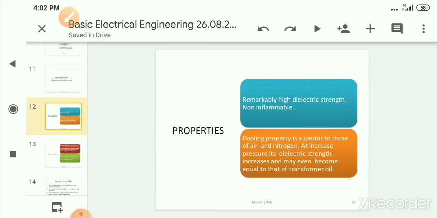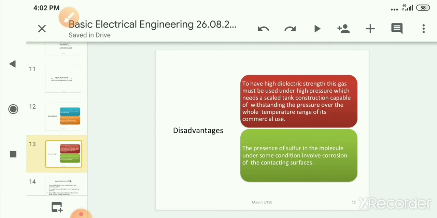Dielectric strength is more, non-inflammable, non-toxic, thermal conductivity is also high, superior cooling properties compared with air and nitrogen, and it is very chemically stable. It is non-corrosive. Those are the positive attributes related to the properties of SF6.